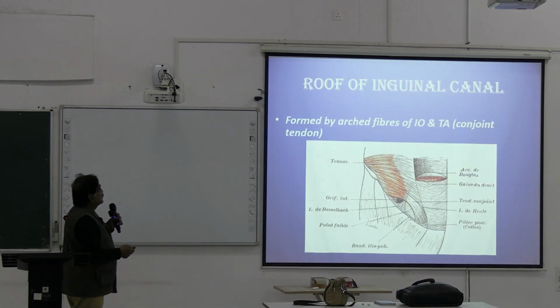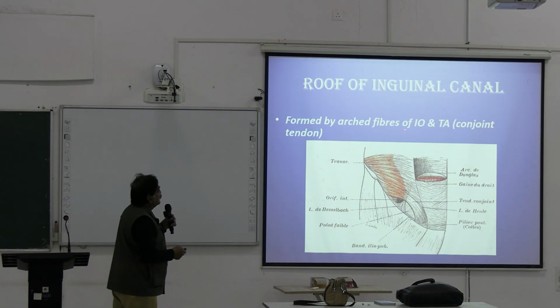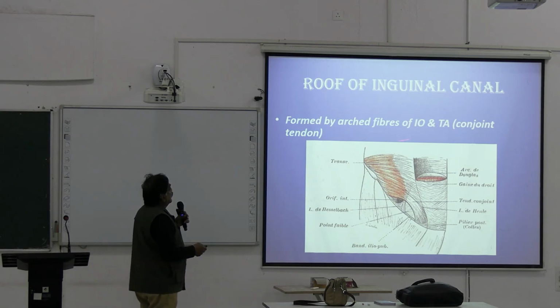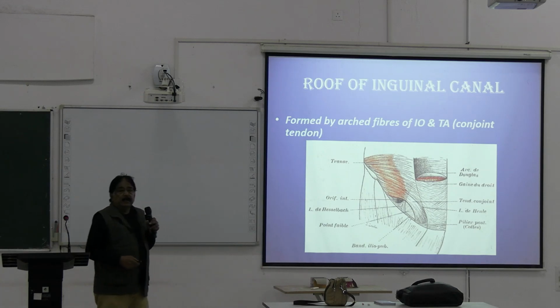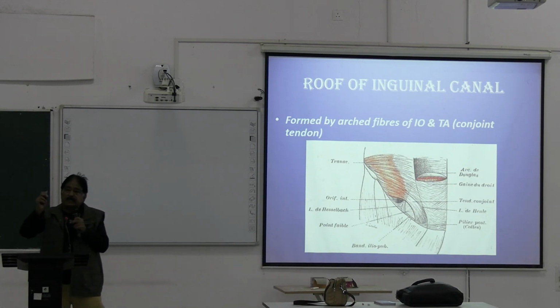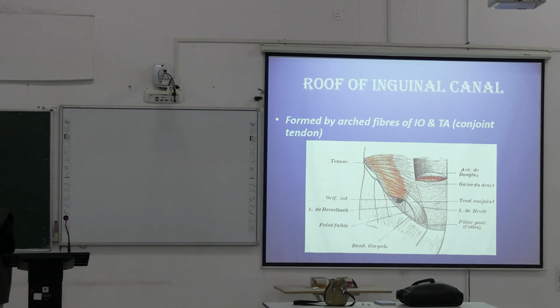Now, roof of the inguinal canal formed by arching fibers of internal oblique and transversus abdominis that forms the conjoint tendon. Now, it might be an MCQ or a question how the conjoint tendon is formed. Then you give this description along with the bony landmarks.